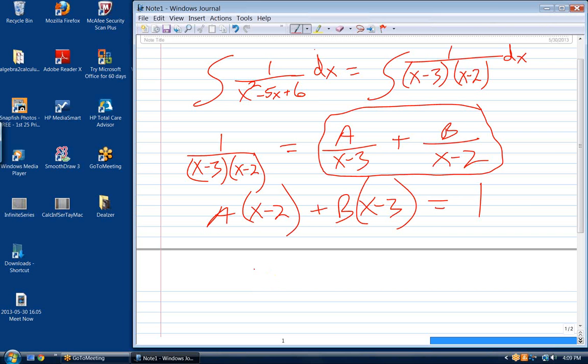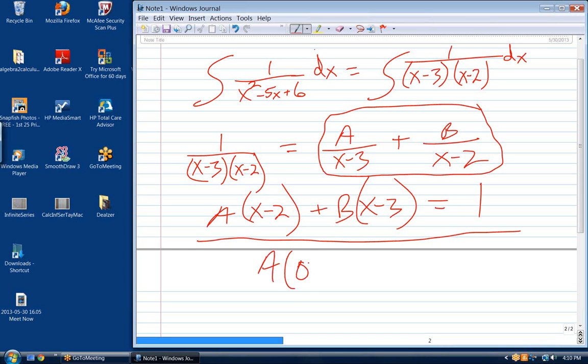At this point, we don't necessarily want to distribute. It's easy to solve for A and B here by picking convenient values for x. In other words, this equation has to be true for all x. So if I let x be 2, then immediately this becomes A times 0 plus B times minus 1 has to equal 1, therefore B has to equal minus 1.